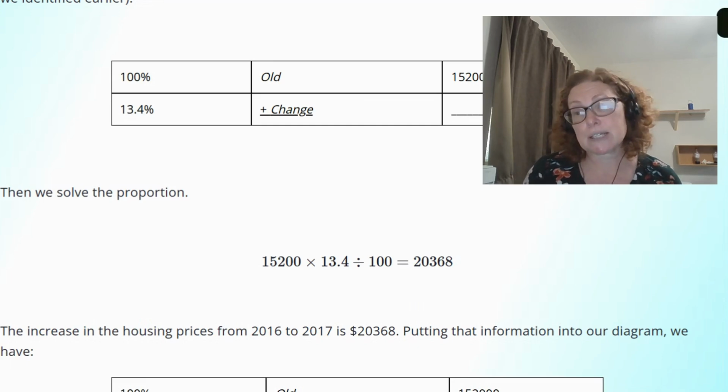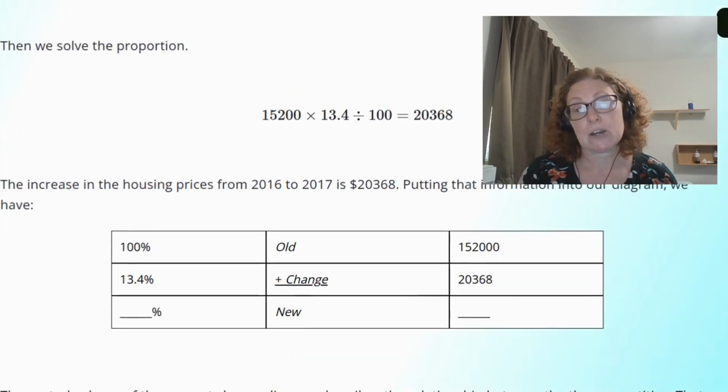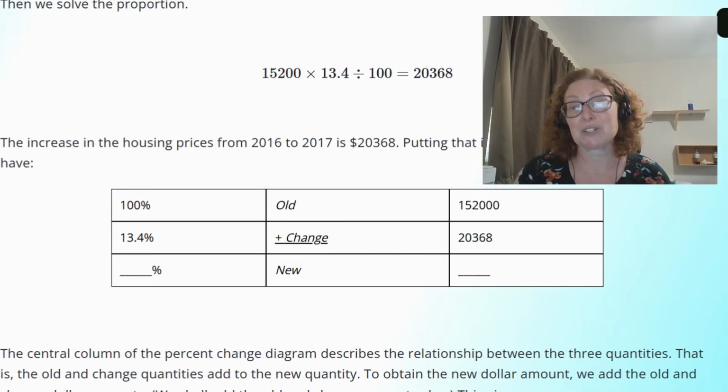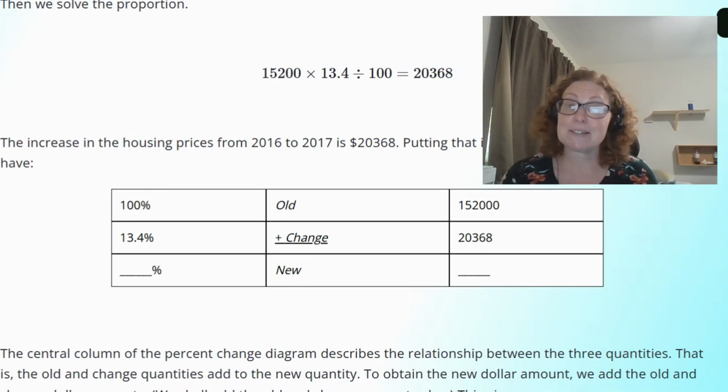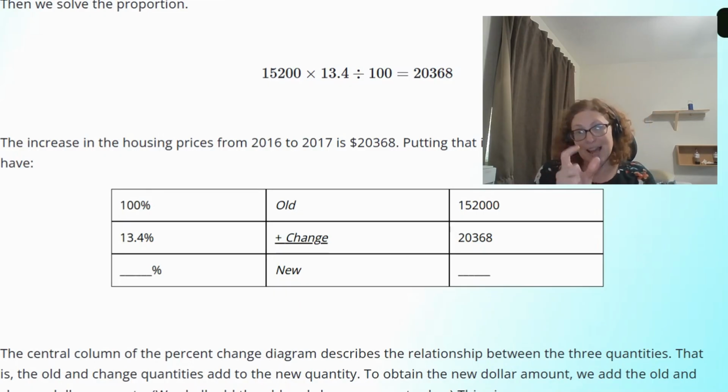So the increase in the prices was 20,368, but that's not the new price. That's the increase. That's the portion or the part that it increased. And so really, to get the new, you would say old plus the change would give you the new price.